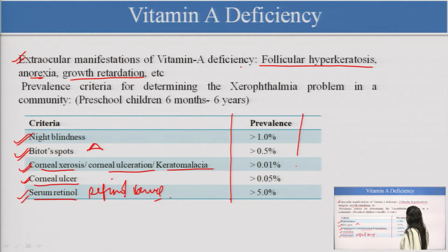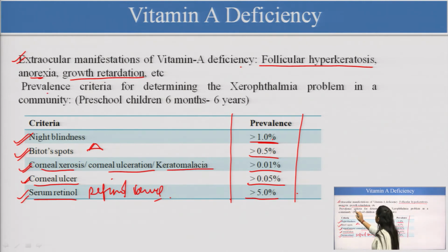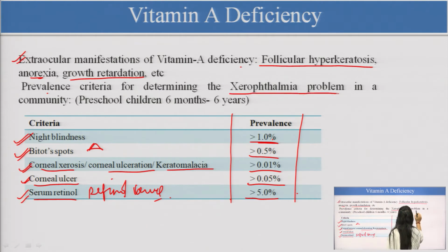Now, these are the prevalence criteria we have decided. If the percentage of population is more than 1% for night blindness, Bitot spots more than 0.5%, corneal xerosis more than 0.01%, corneal ulcer more than 0.05%, and serum retinol more than 5%, then that is called the prevalence criteria for determining the xerophthalmia problem.